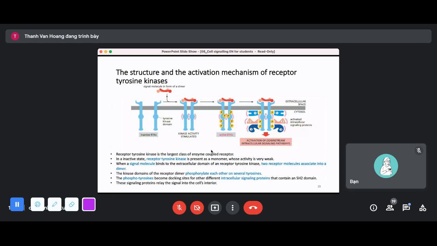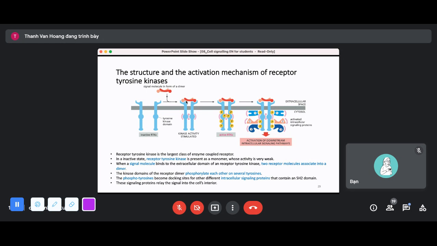So here again, in these animations, you can see that our receptor tyrosine kinase is in a single form. When the ligand binds to the receptor, it can form together with another receptor to form a dimer.